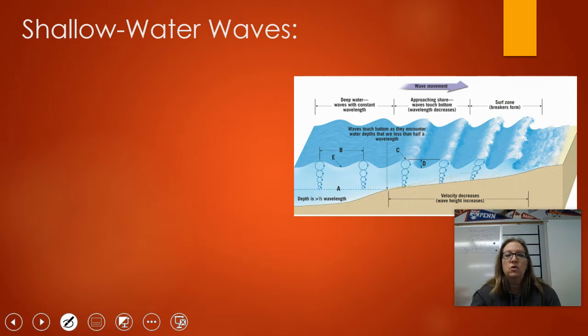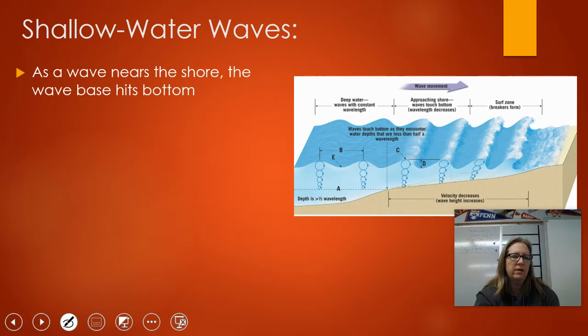All right, so speaking of tides or waves along the coast, waves at the coast act much differently than waves out in the deep sea, okay? So these are known as shallow water waves. As the wave nears the shore, the wave base hits bottom, okay? When we're out in deeper water, all of that movement has room and it can move along.